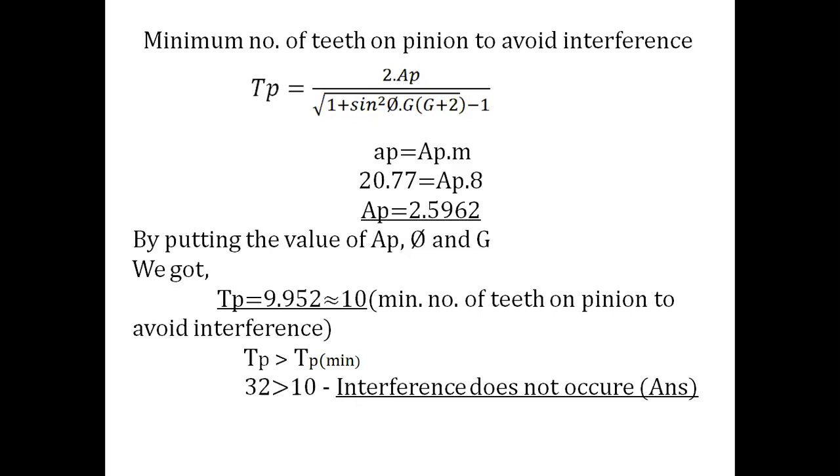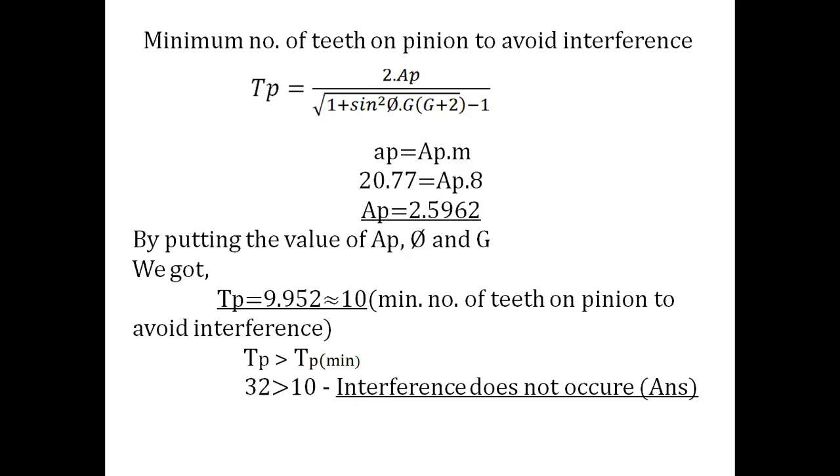Does interference occur or not? No, interference does not occur because the teeth on pinion is greater than the minimum number of teeth to avoid interference. So this condition is satisfied here. Is that clear? Students, this is related with interference.